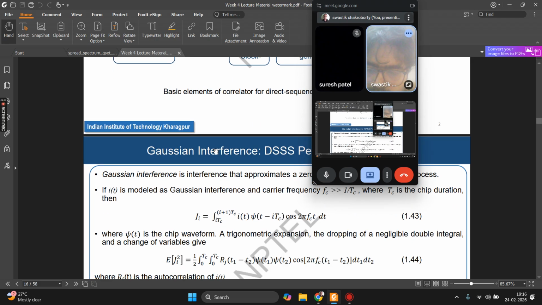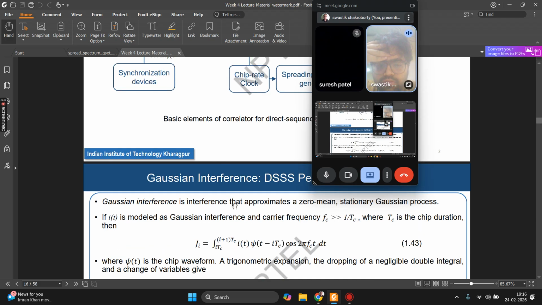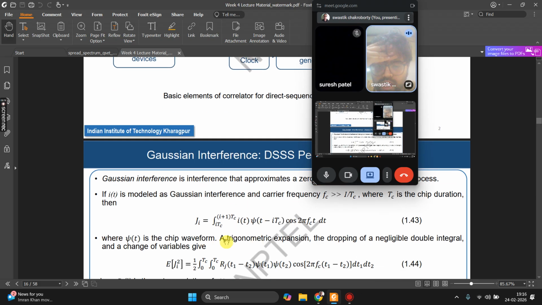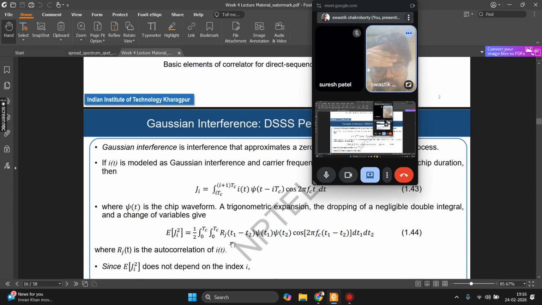So if IT is modeled as the Gaussian interference, and then you do this, and phi t is the chip waveform. What is the chip waveform? Chip waveform is basically the spread spectrum.